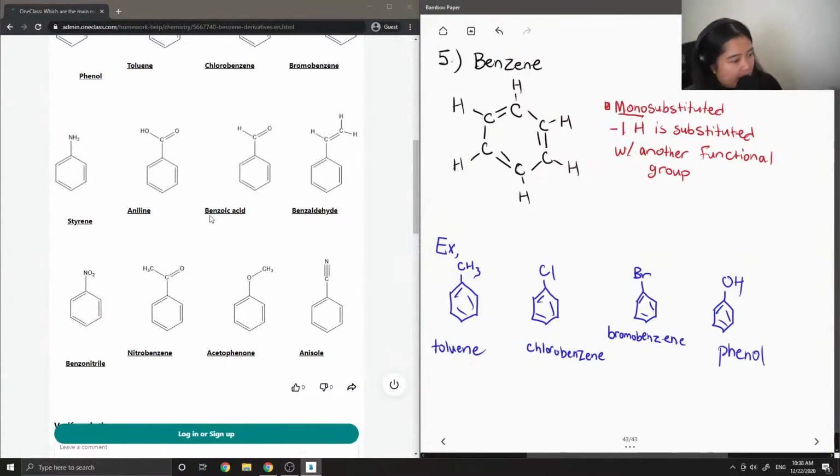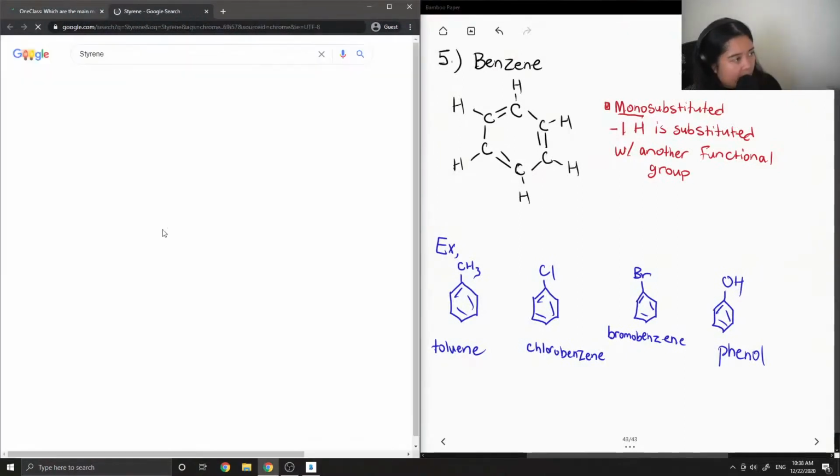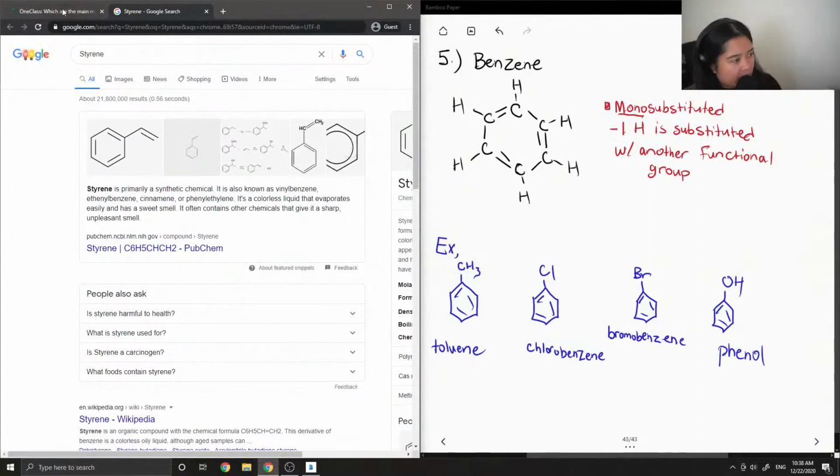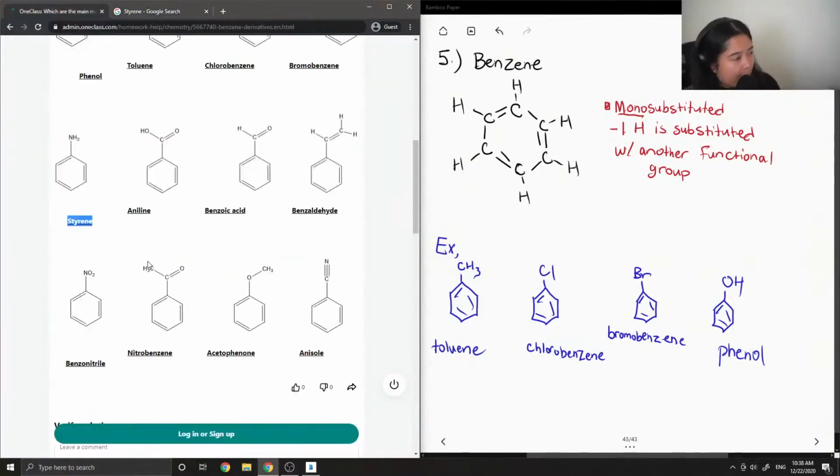And benzoic acid is the second one here. You can see it has a carboxylic acid group. And then aniline, I believe, is the one with the NH2. And styrene is the one with the double bond. Let me just Google. Yeah, so styrene's the one with the double bond.